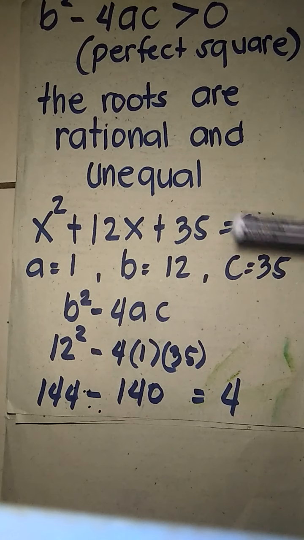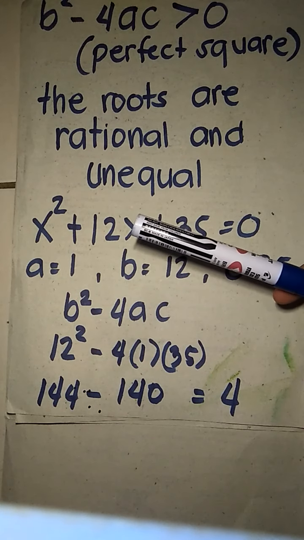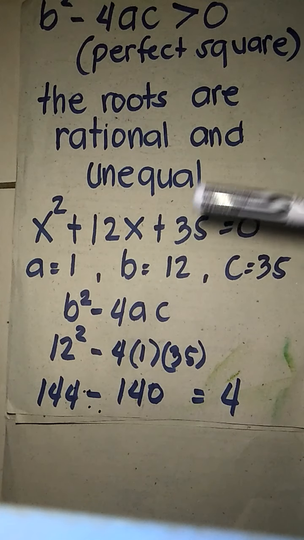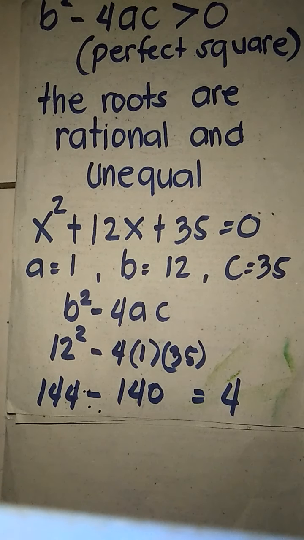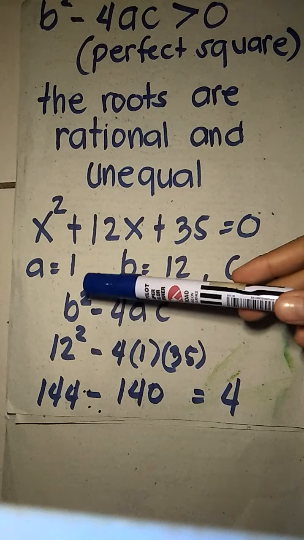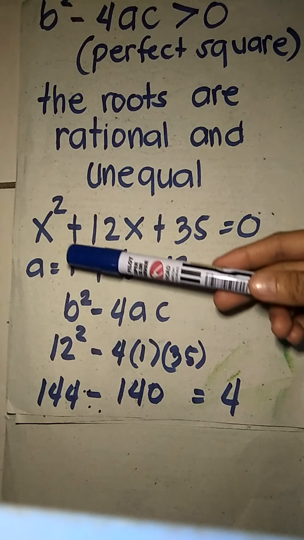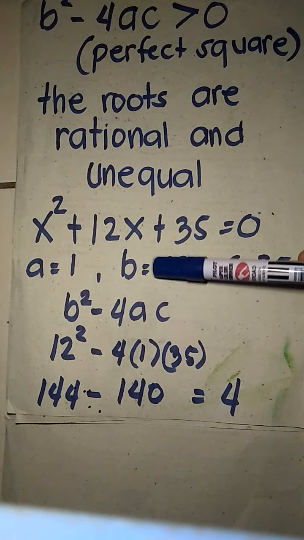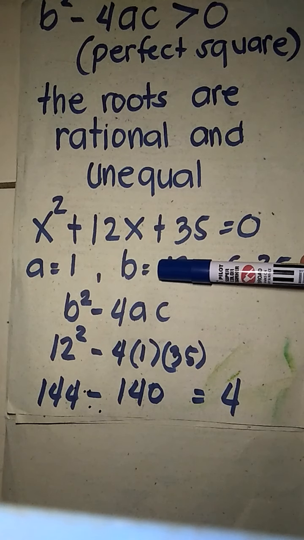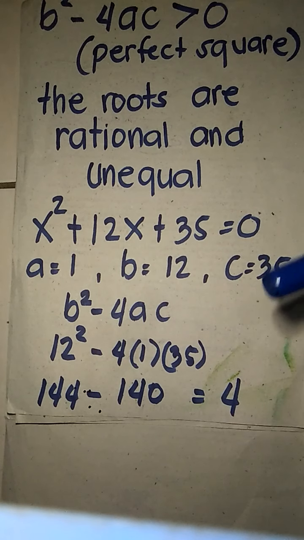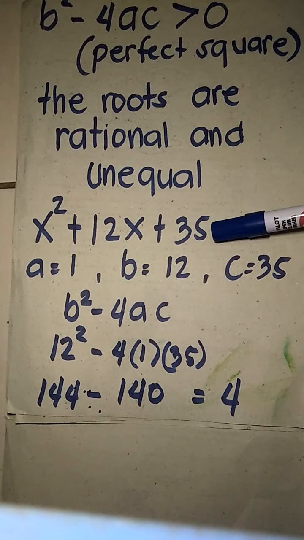Again, we are going to find first the values of a, b, and c. Our a is the numerical coefficient of the first term. Our b is the numerical coefficient of the second term, and c is the constant term.